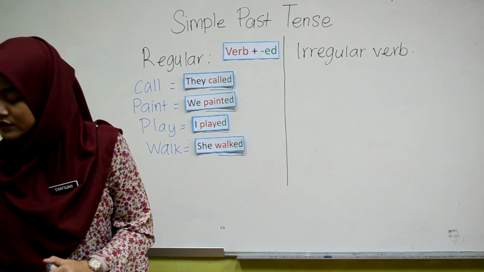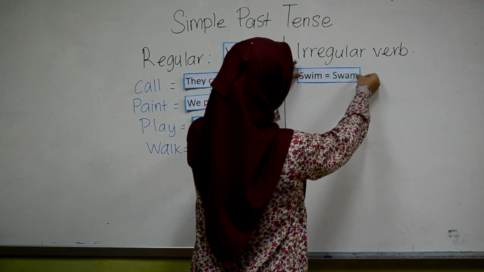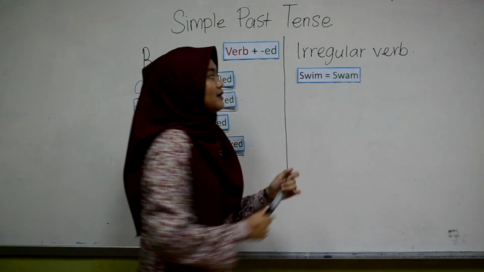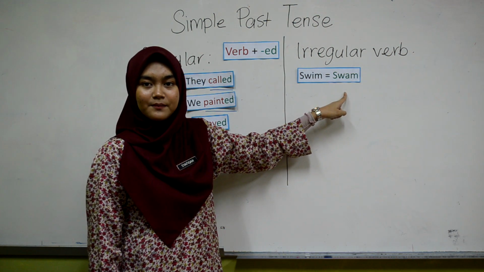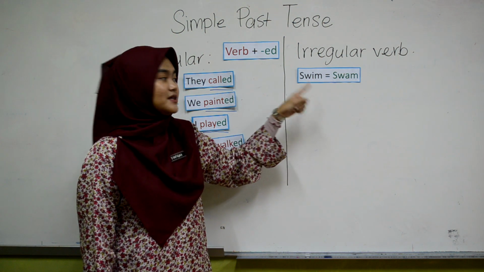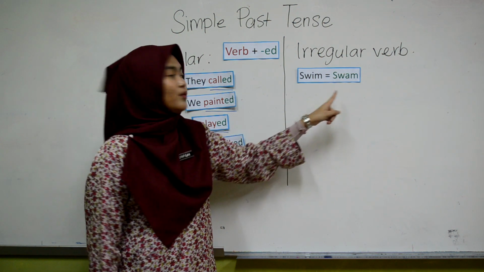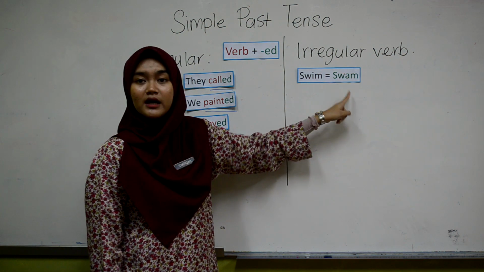For example, the first one is swim. Swim is the root word, while swam is the past tense form of swim. So it is a different word, where it changed from swim to swam.